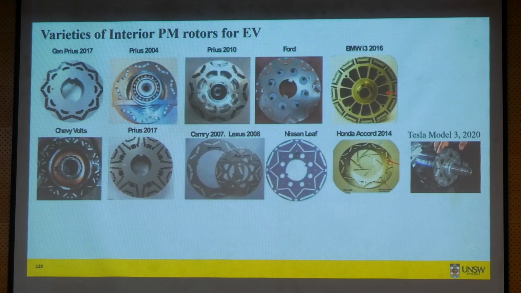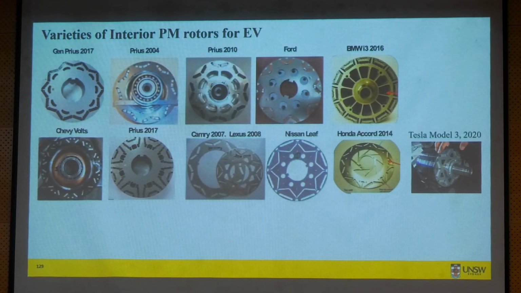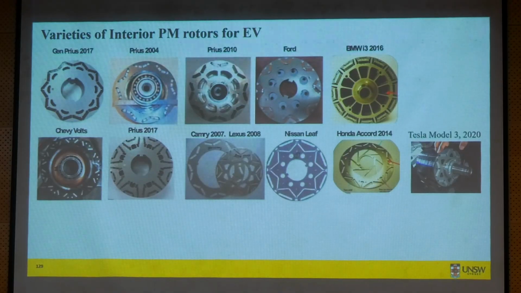So some more varieties you can see for EVs: Chevy, Prius, Camry, Nissan, Honda, Tesla. Okay, so many different types. And most of them are obtained through finite element optimization.